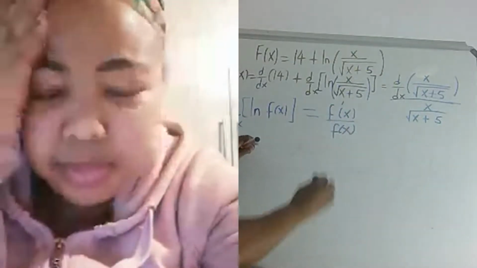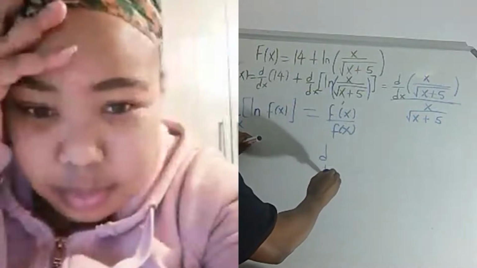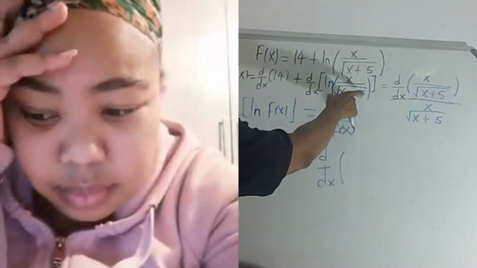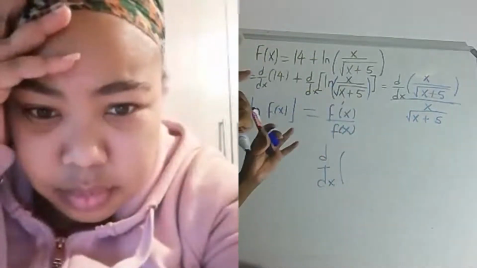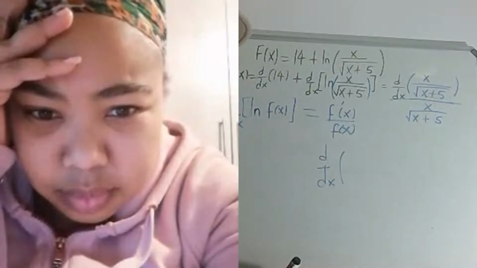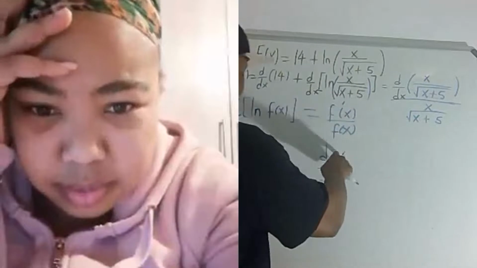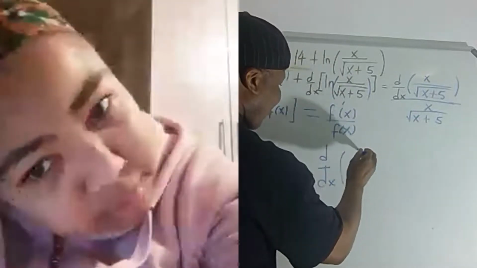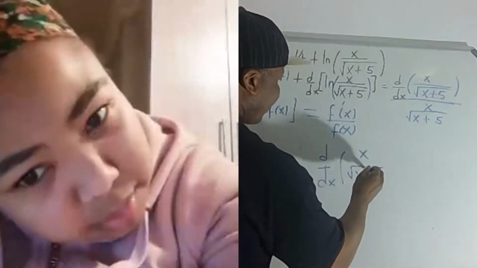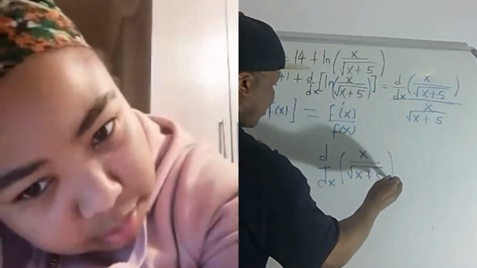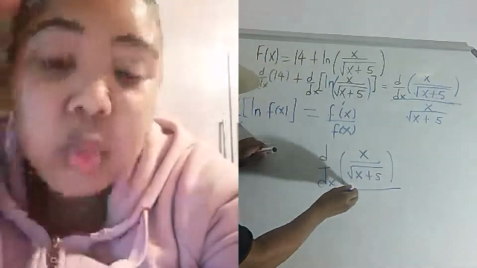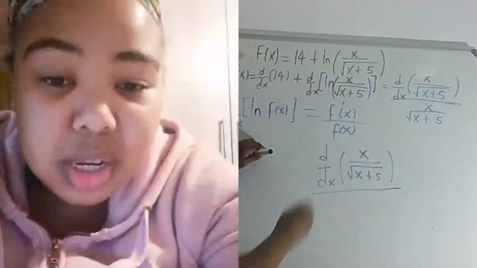So I'm going to differentiate my function. Don't look at how it looks. What is my function? The square root of x plus 5, all of this is the function. We differentiate that. So we don't treat it as a quotient.